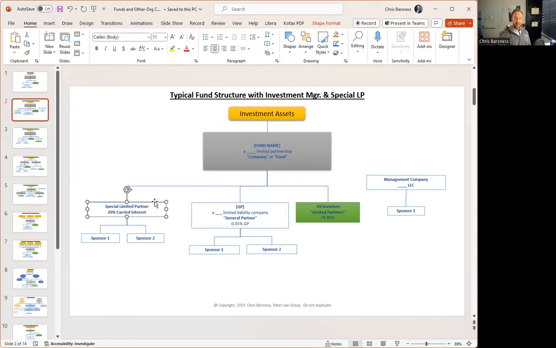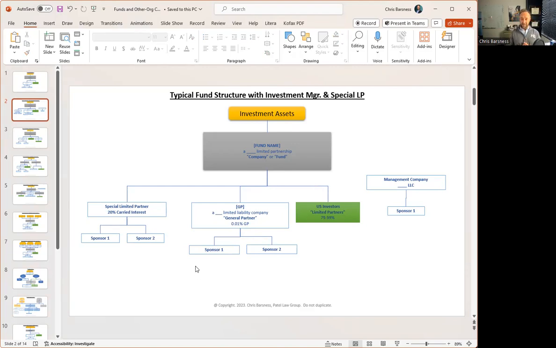So the 20% promote or carried interest gets paid over to the special limited partner entity and then distributed down to the owners of that limited partner. The asset management fee or investment management fee, the 2%, would go down to the general partner, and then it would be split between the owners of that LLC.